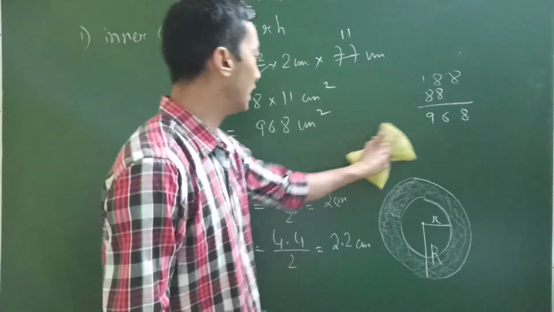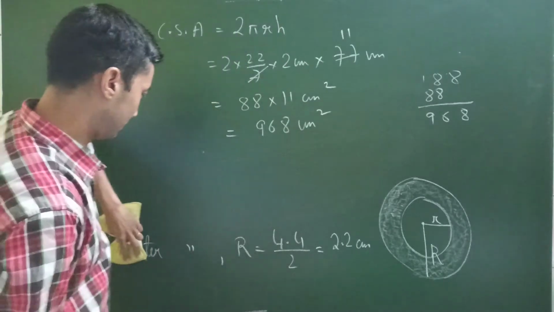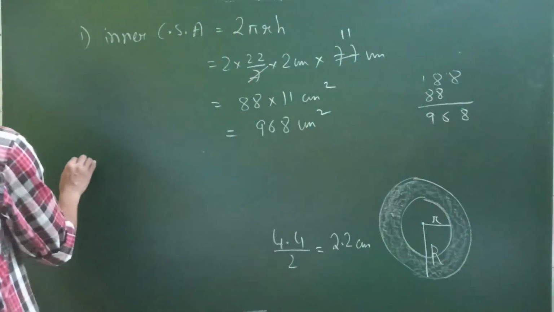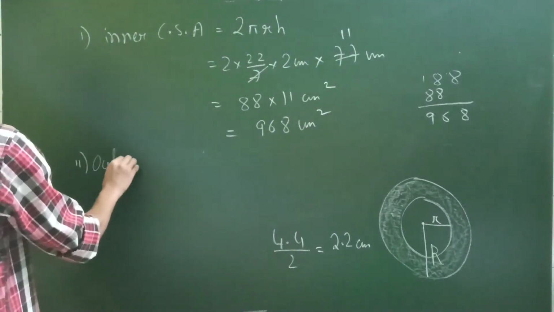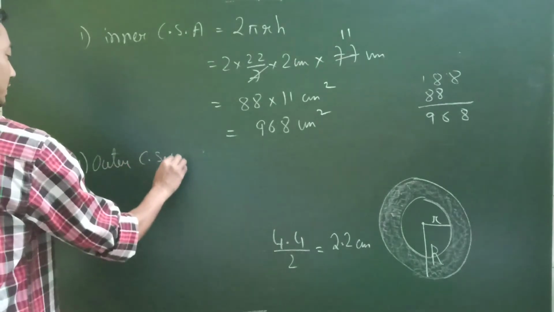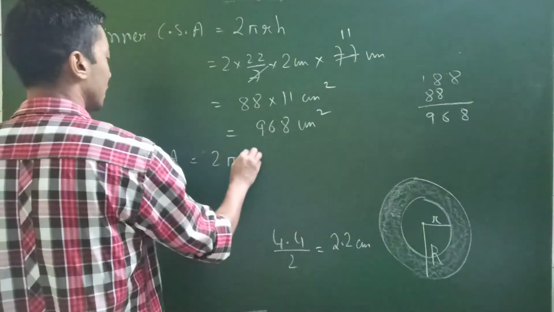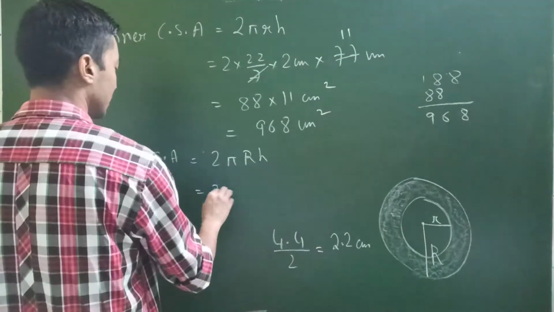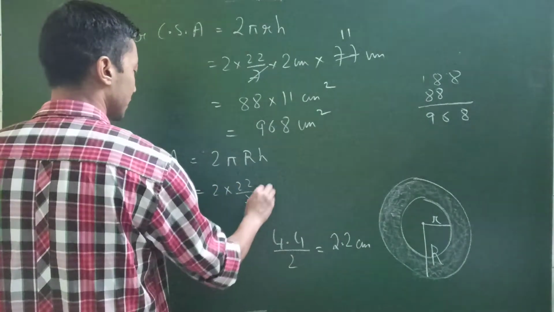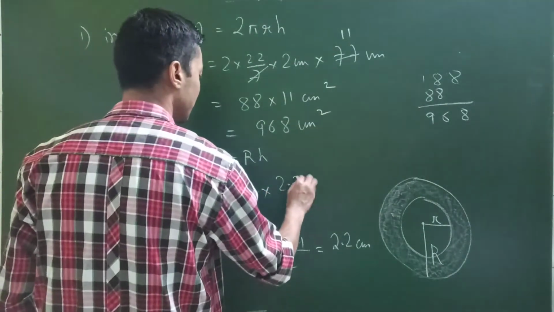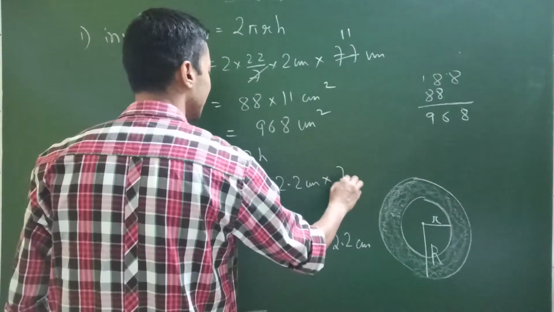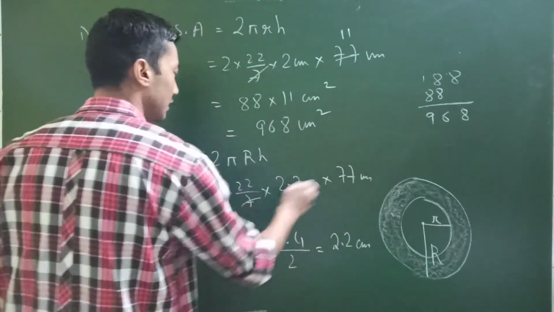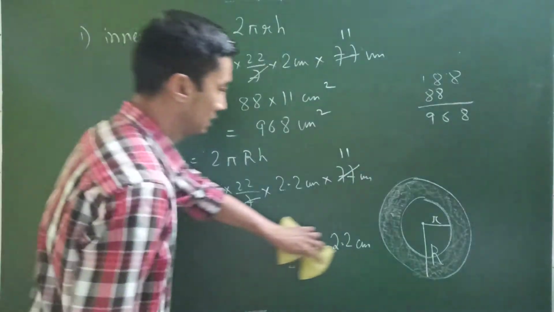Okay, let's find out the outer curved surface area. That's going to be 2 pi capital R H. 2 into 22 by 7 into capital R, radius 2.2 centimeter, height again 77 centimeter, again 11 times.